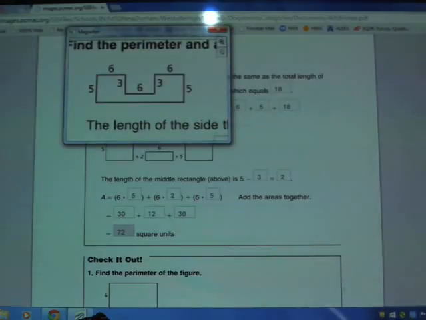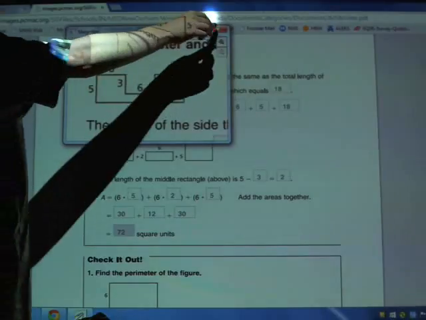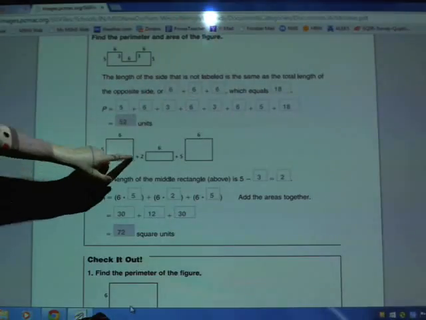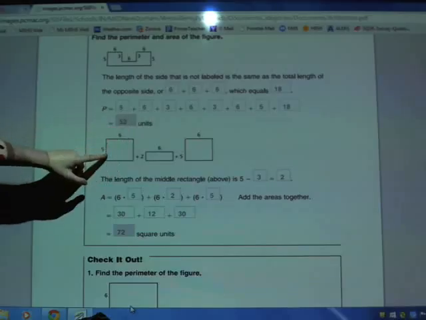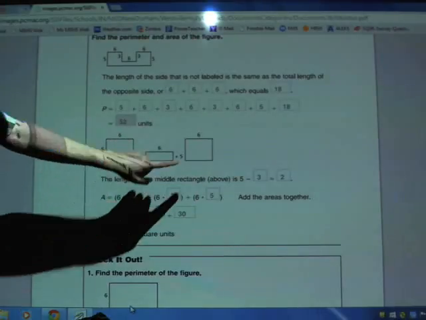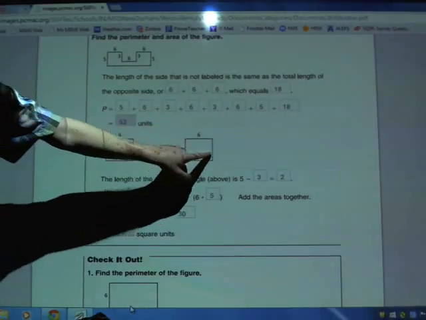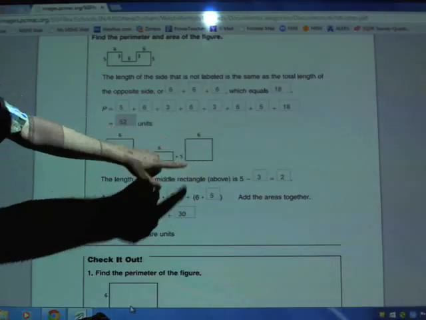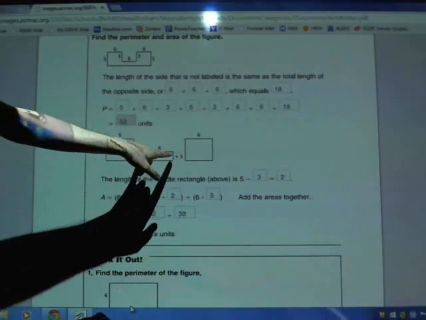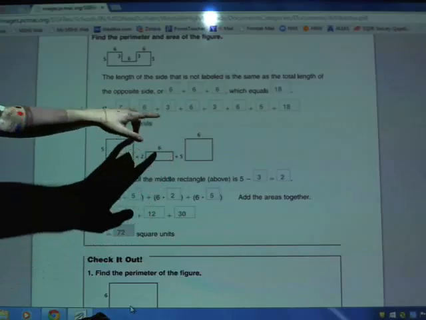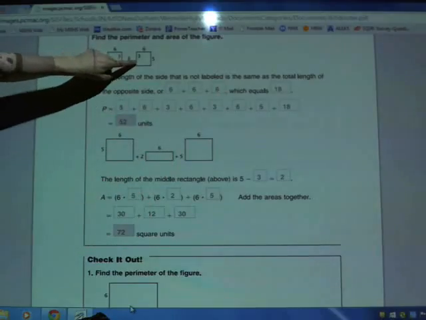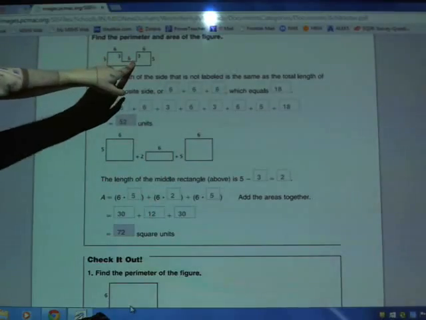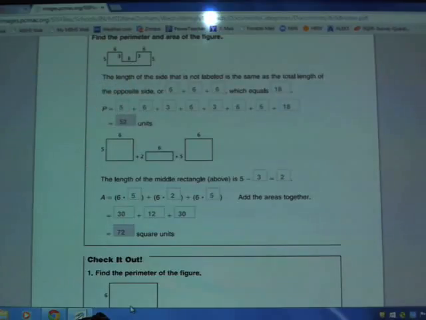Okay, so let's talk about the way they're approaching this question. We've got this rectangle piece on the left, which is 6 by 5. And this rectangle piece on the right is 6 by 5 as well. Now the one that's probably a little bit of work is this middle piece, because as we drop these lines down, there would actually have been no numbers given to us there.